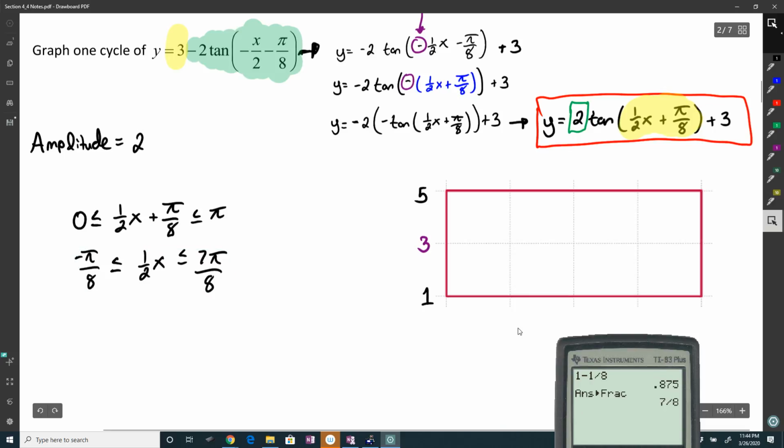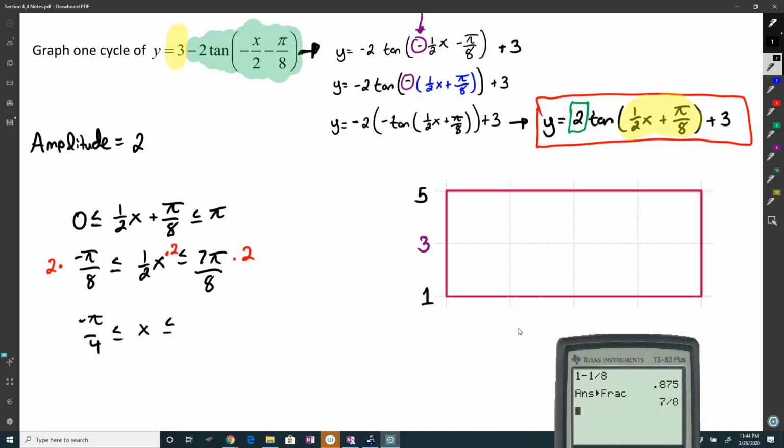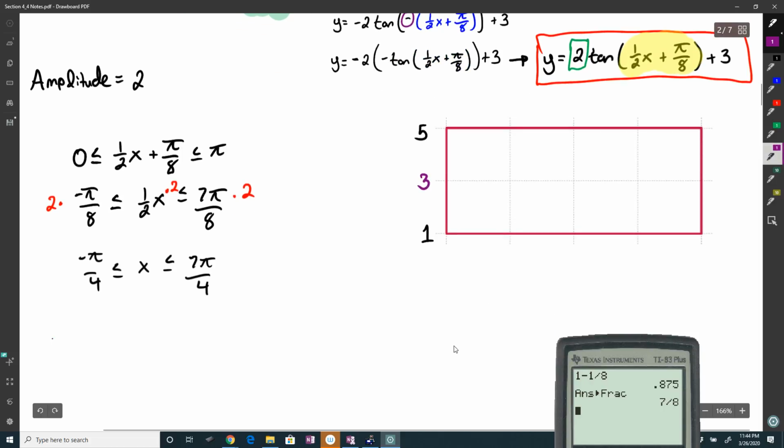All right, and then the last step is we're going to multiply everything by 2. So if I do 2 times 2 times 2, you get negative pi over 4, x, and then 7 pi over 4. Now if I look at my period, notice here the two numbers are nasty.